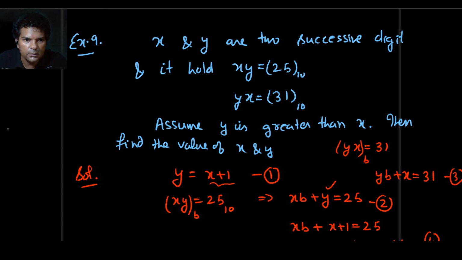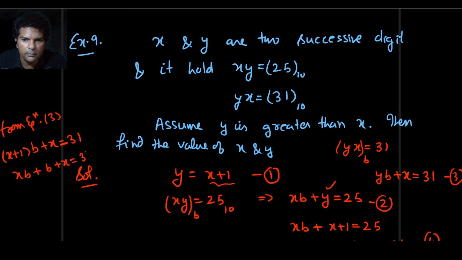From equation 3, y is x plus 1, so (x plus 1) times b plus x is equal to 31, that is xb plus b plus x is equal to 31.